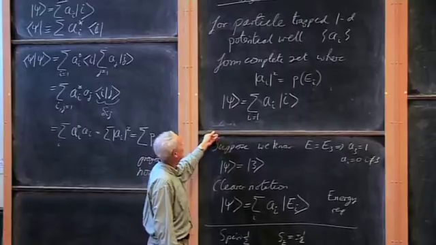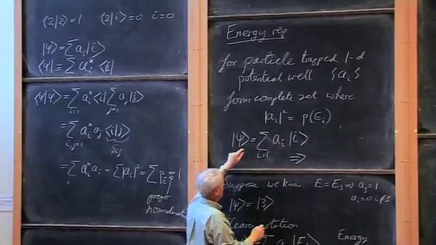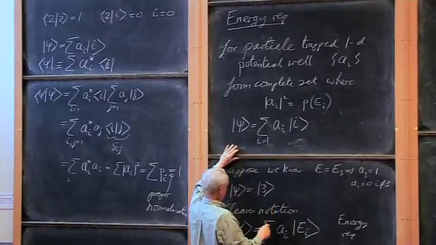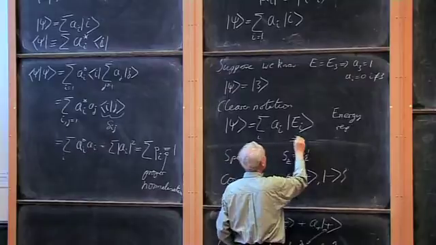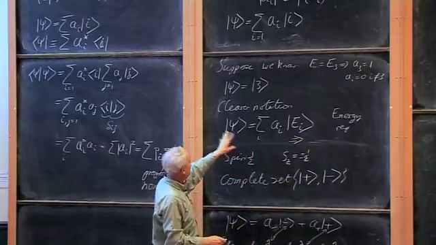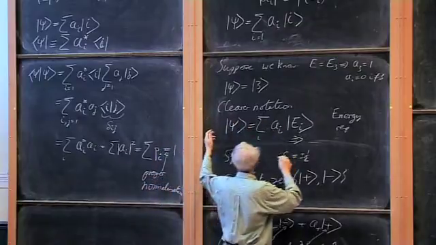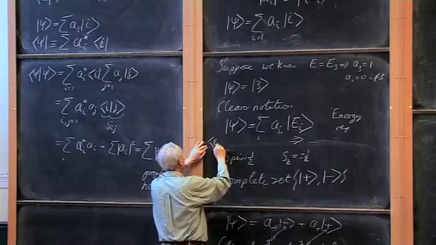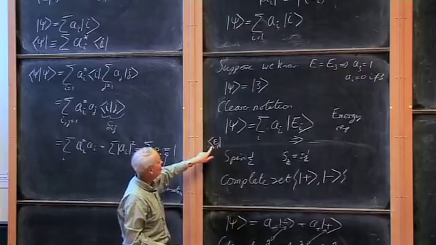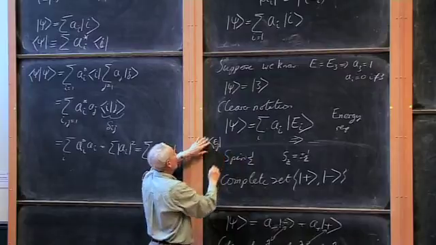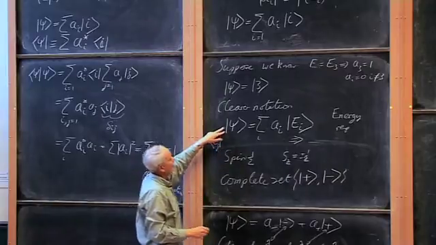Let us point out at this point a very simple fact, that if I multiply this equation through by the bra Ej, so if I do Ej times this equation, what that means is that I'm going to evaluate the function Ej on both sides of the equation, then what am I going to discover?